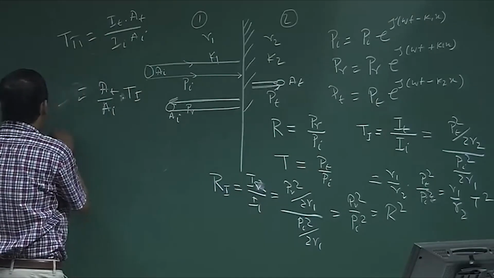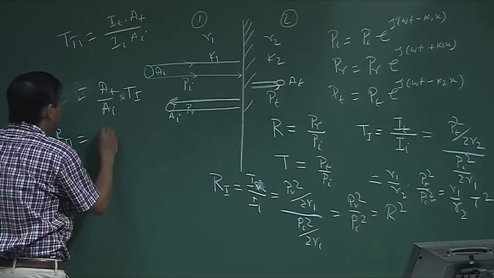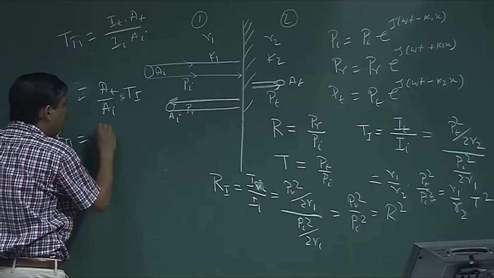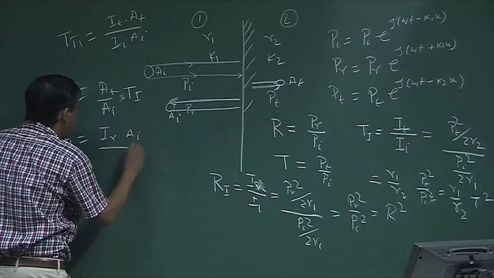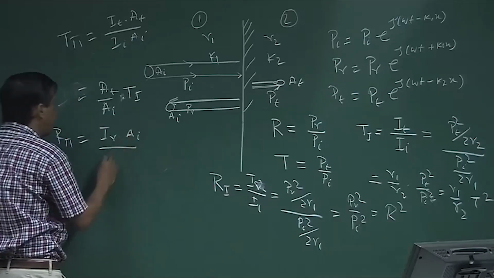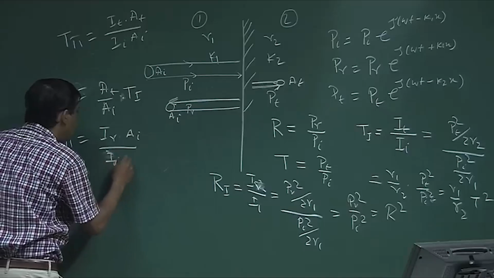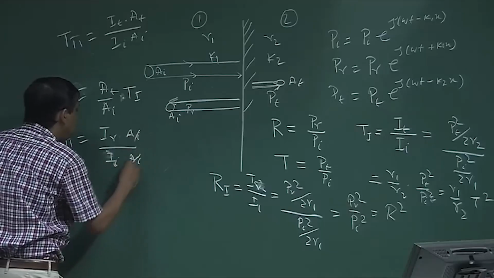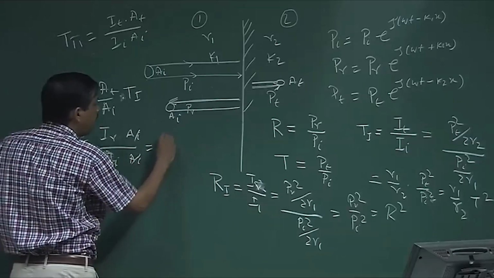Similarly, what is the reflected power coefficient? It is IR into Ai divided by Ii into Ai, the reflected power divided by the incident power. So Ai cancels, it is IR by II, which is R square.